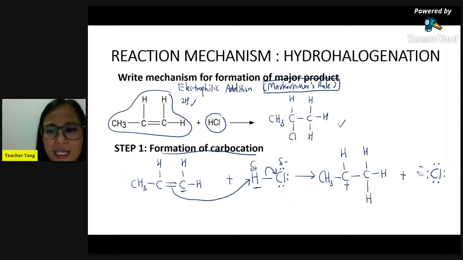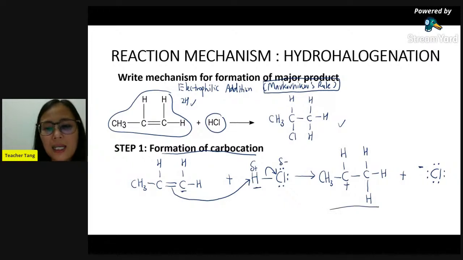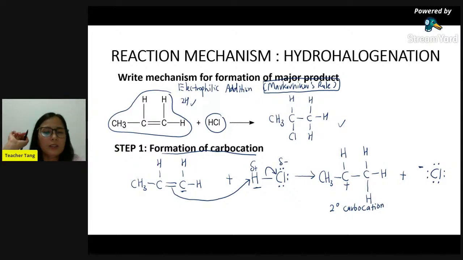Or you can see it this way: in this bond, hydrogen gave 1 and chlorine gave 1 to form the covalent bond, but after the bond breaks, chlorine also takes the hydrogen's electron. That's why it becomes negative 1. So this is the first step of the reaction, forming the carbocation. Can you see that? One hydrogen, 2 alkyl groups. So this is a secondary carbocation.